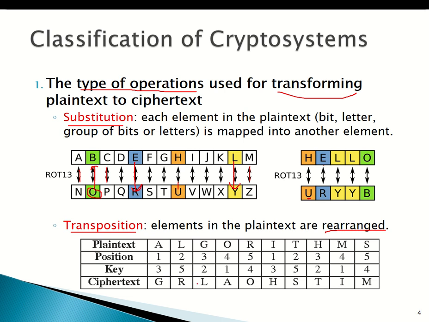So you rearrange the letters in a different way. So the G becomes the beginning here, the R comes next, and the L becomes the third one, and so on. So this is the way we rearrange the letters in a different way, right? The substitution is mapping, and the transposition is rearranging. Remember that substitution is about mapping the letters to another letter, and transposition is about rearranging the letters in a different order.